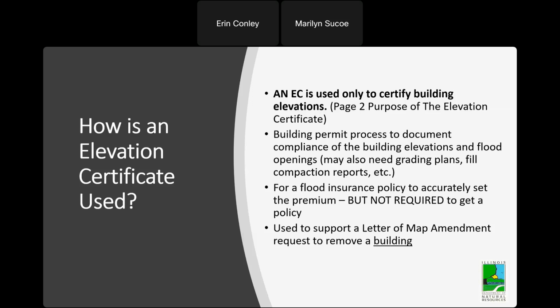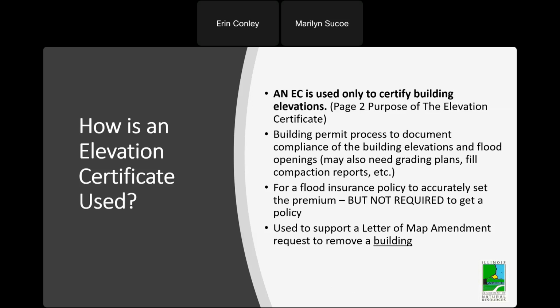If a building is being placed in the floodplain, it is the best way for that owner to submit for their flood insurance premium quotes and to get the most accurate premium, but it is no longer required to get a quote or a flood insurance policy. In the past, it had been required for post-FIRM buildings, and now it is no longer required, but it is still recommended.